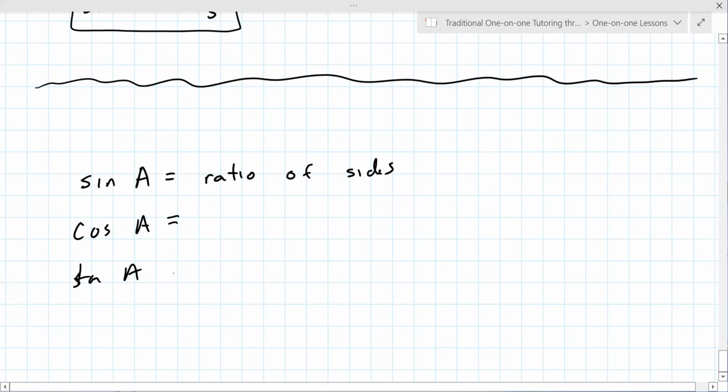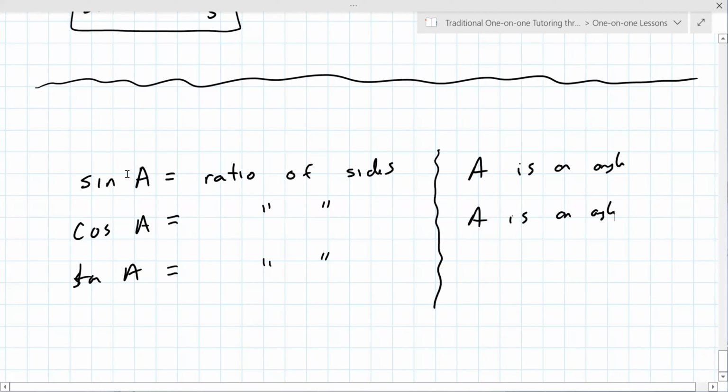That is the meaning of sine A. And where this gets confusing, I think, is that A is an angle, but the sine of A is a ratio of sides. The cosine of A is also a ratio of sides, but A is an angle. Let that sink in. It's a little bit odd, right? Yeah, just a bit.